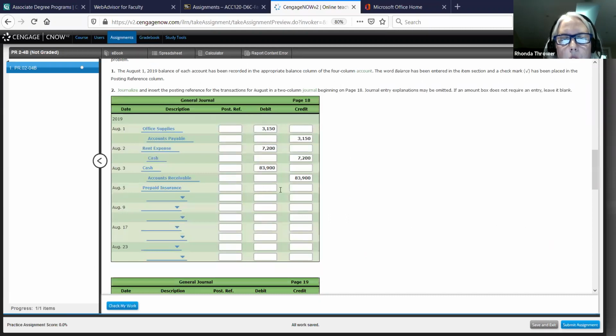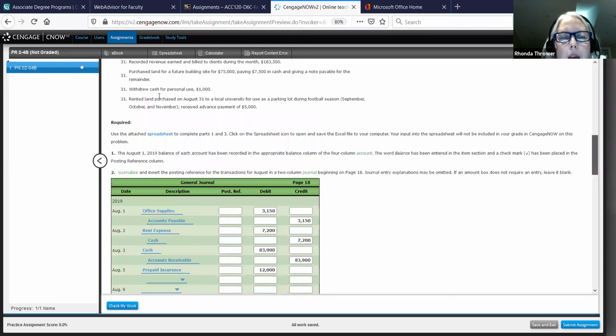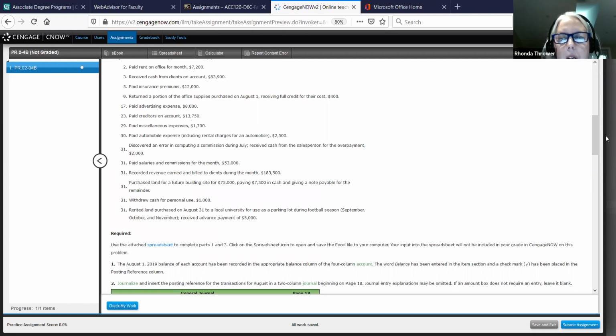So I'm going to debit my August 5th transaction for $12,000 to the prepaid insurance account because that insurance was paid for with cash. My cash is going down.